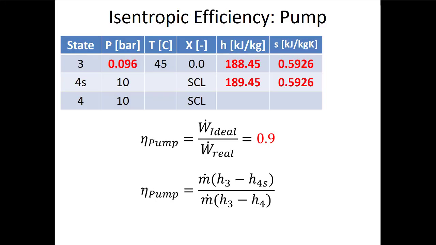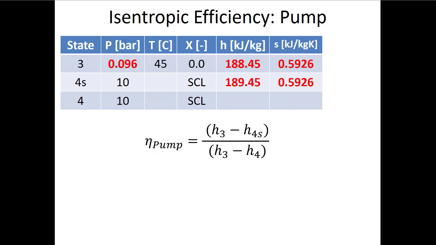So now when I write my equation for the efficiency of the pump, I get m dot times h in minus h out on the top and the bottom, but my ideal outlet is on the top and my real outlet is on the bottom. Again, the mass flow rates between these two states are the same. So it's the same through the ideal pump and through the real pump.